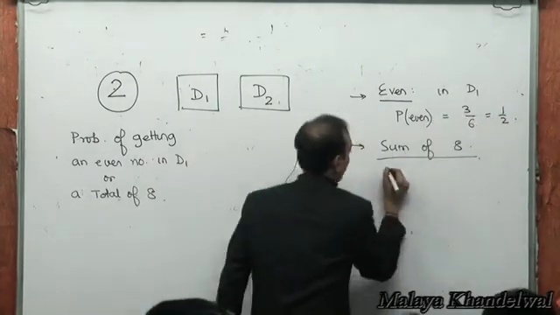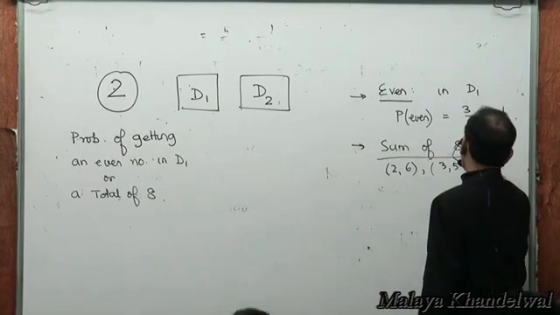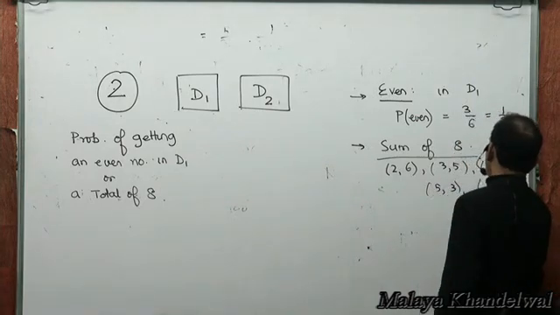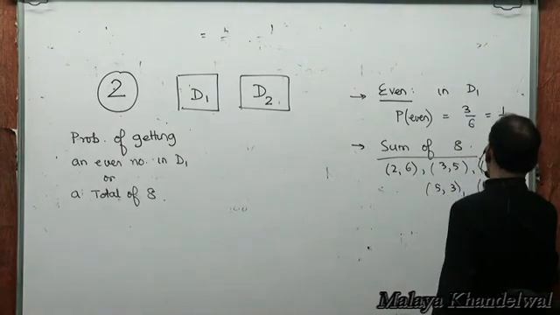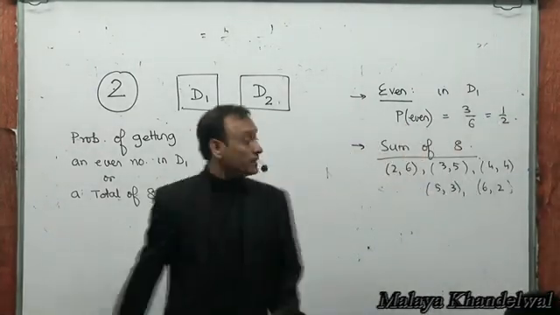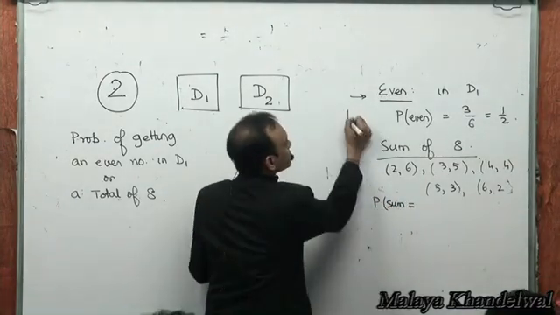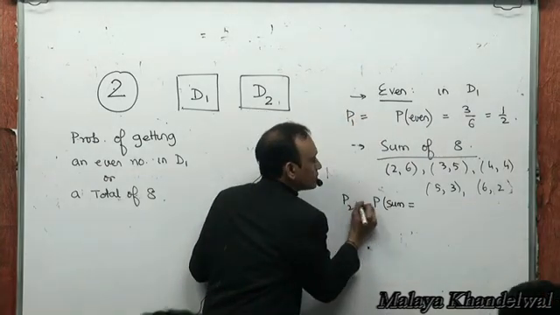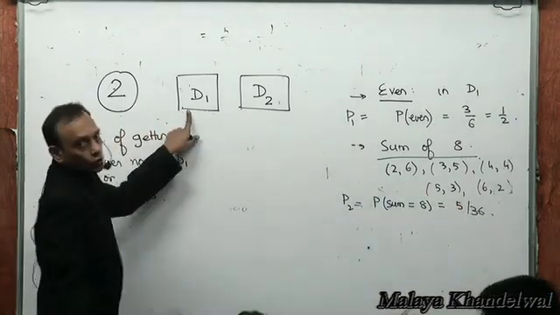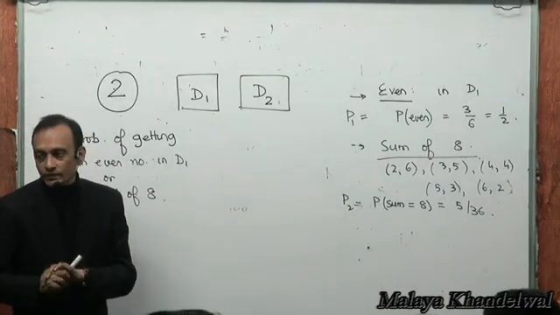Sum 8 means I could have had 2 6, 3 5, 4 4, 5 3, 6 2. 1, 2, 3, 4, 5. 5 ways, right? So let me call this P1. This is P2. Probability sum equal to 8 is 5 by 36. Total number of ways are 36. 5 are favorable. So probability of getting sum equal to 8 is 5 by 36.